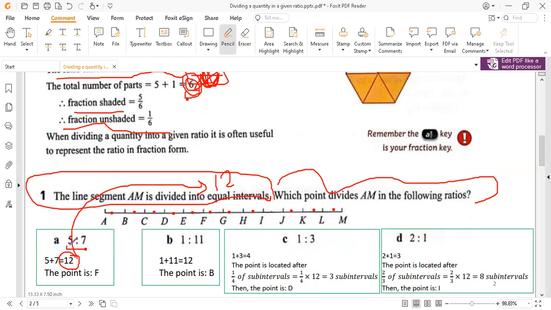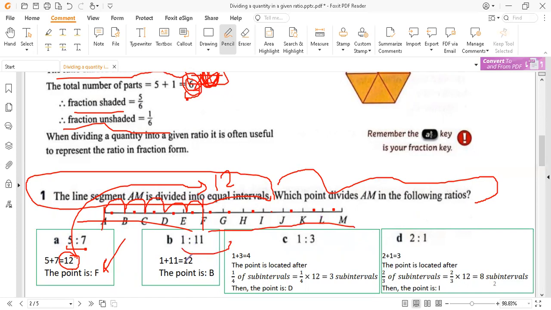So 5 over 12, 5 from 12, starting from A, we count 5. So we stop at F. So the point is F.